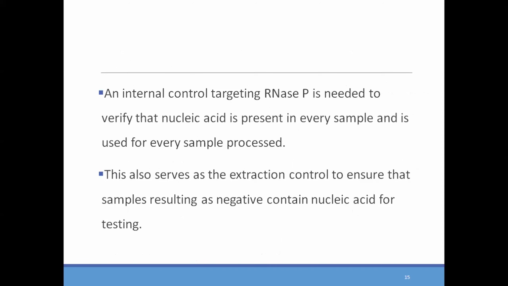And then we have to use an internal control to target the RNase P gene in order to see whether we have extracted RNA properly. Then we also have to use an extraction control as a negative control.